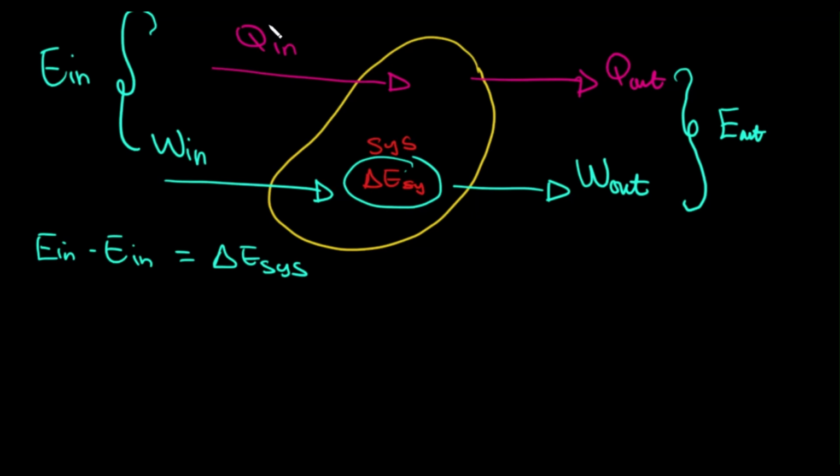Okay, and we know that energy in is Q in and work in. So let's just write that down. We have Q in representing energy in, and we also have work in, minus what we have as energy out.